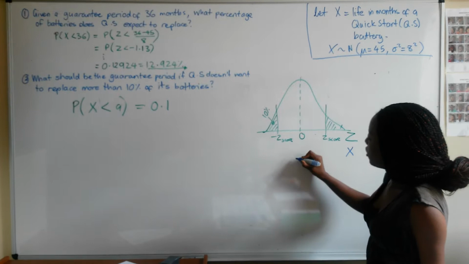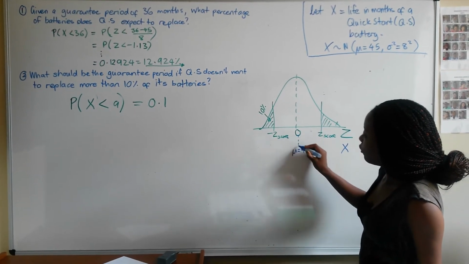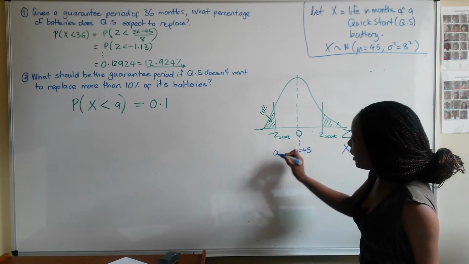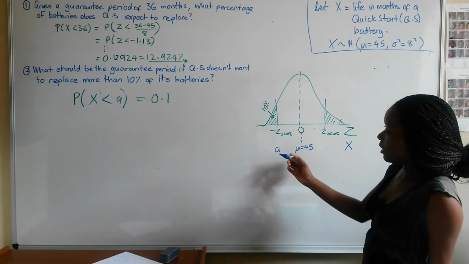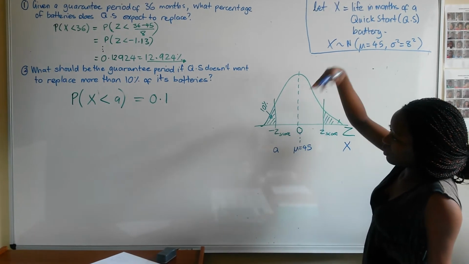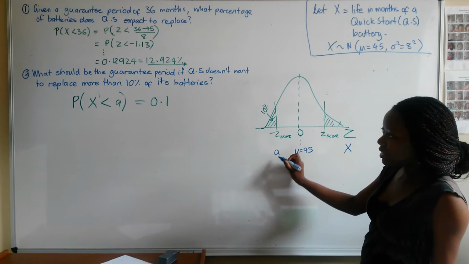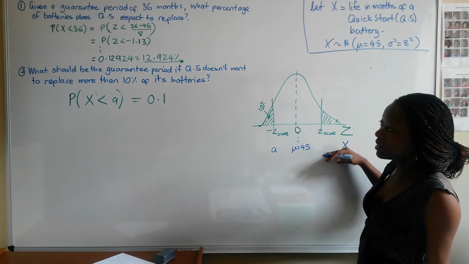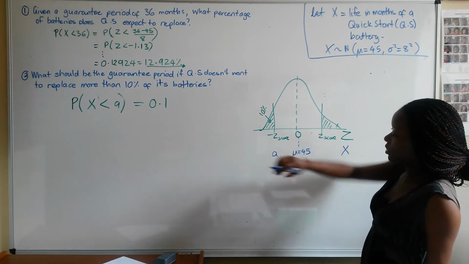If we write this in terms of our x's, we have a mean of 45. What we're looking for is some value A that leaves us with 10% below, 10% of batteries that we are replacing. But remember that A is a positive number if we're talking about X. It's a number of months, okay? This is not a symmetric situation, all right?